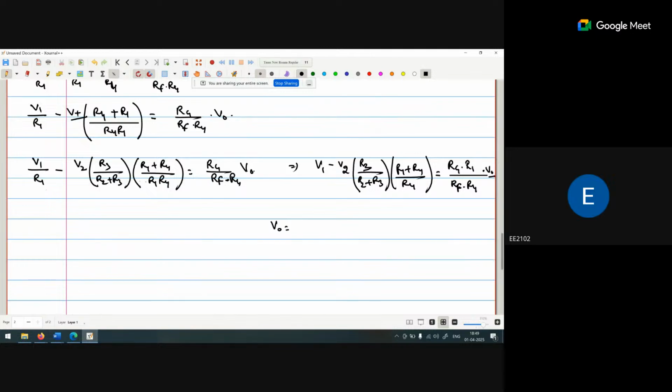V naught is nothing but V1 Rf into R4 upon Rg times R1 minus V2 R3 upon R2 plus R3, R1 plus R4 upon R4, Rf into R4 upon Rg into R1. This is the final. Okay.